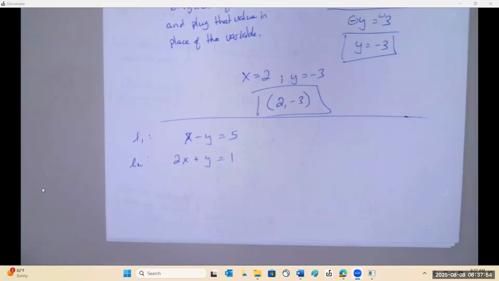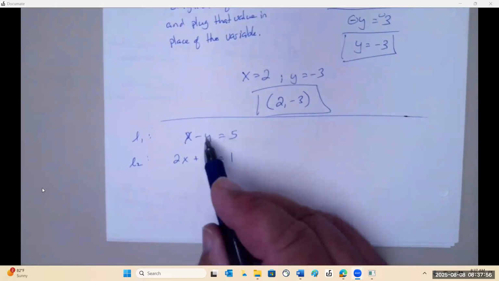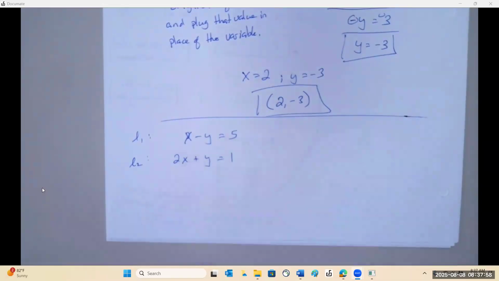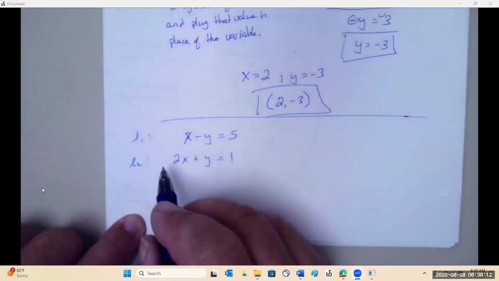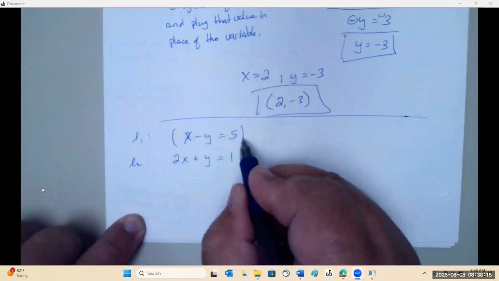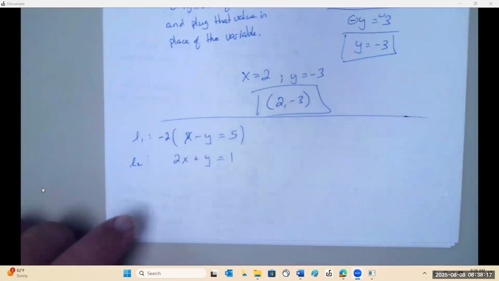Let's see if we get the same answer. So instead of solving for y, let's get rid of x. In order to get rid of x, what do we need to have and where? We need to have a -2 in front of this one. So how do we get that? We have to multiply the whole equation by -2.